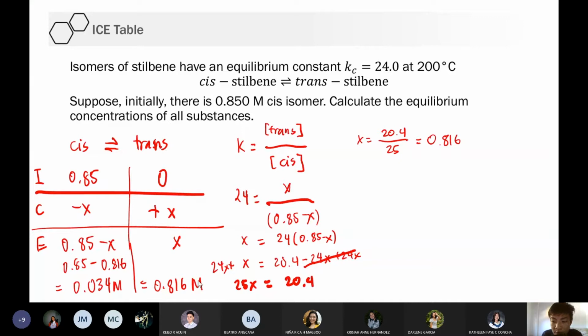That's how we solve this type of problem. You use the ICE table, and then do algebra to solve for the value of X. Then after solving for X, you plug it into the E to answer the question. So that will be our first example.